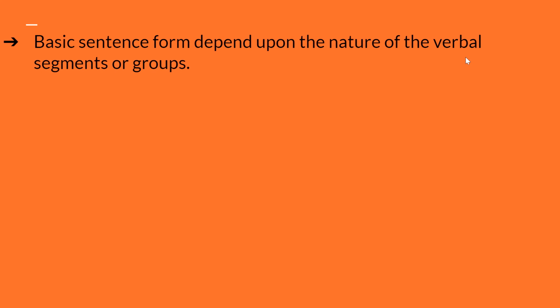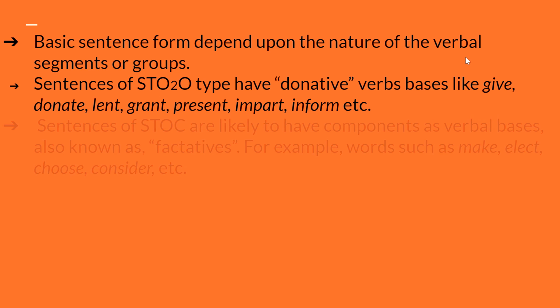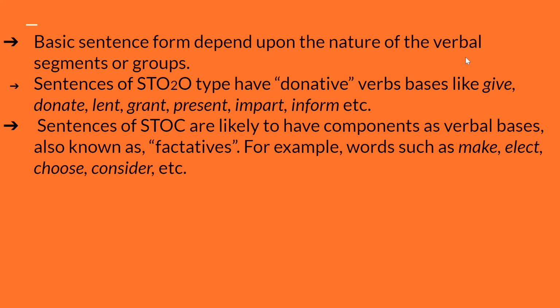There are a few things that can be noticed if you have listened so far. The basic sentence form depends upon the nature of the verbal segments or groups. Sentences of STO2O type have donative verb bases like give, donate, lend, grant, present, impart, inform, and such. Sentences of STOC are likely to have components as verbal bases, also known as factitives.